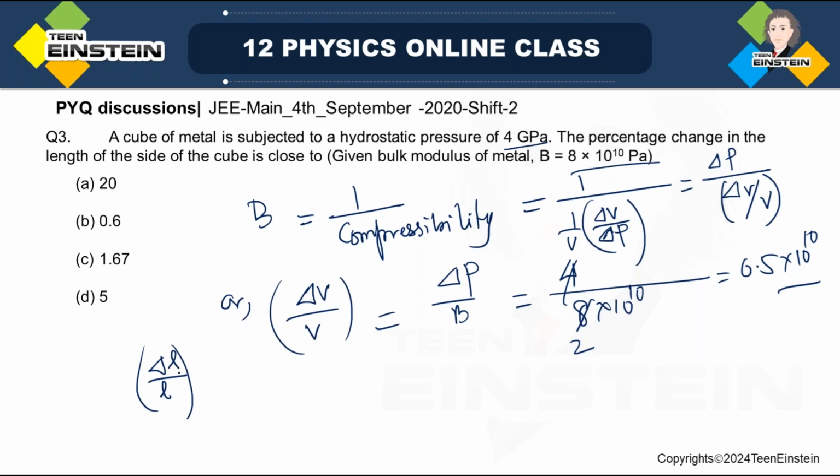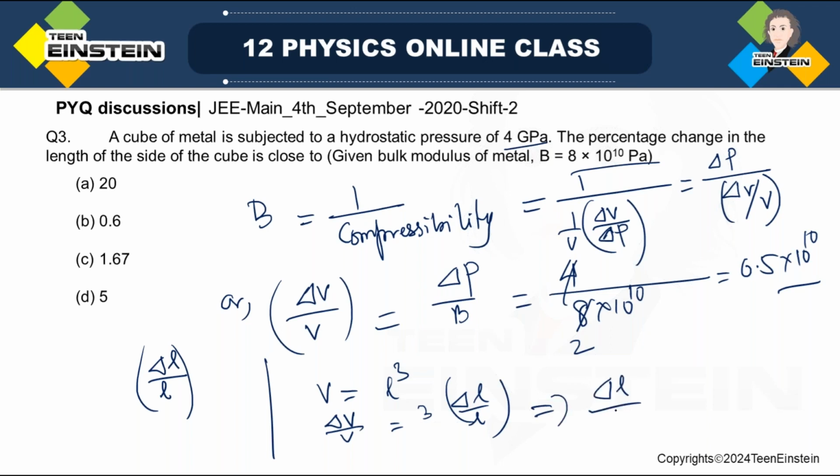Since we know V is equal to L cube, now take derivative for percentages. Del V by V is equal to 3 into del L by L. So del L by L into 100 will be the answer.